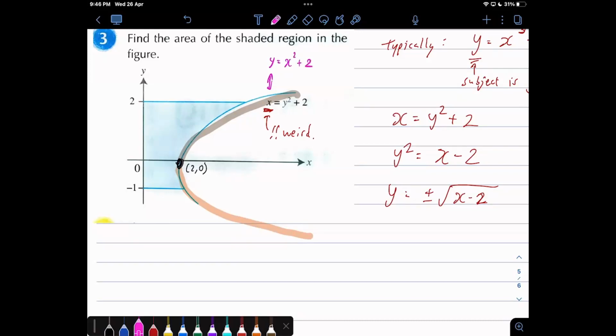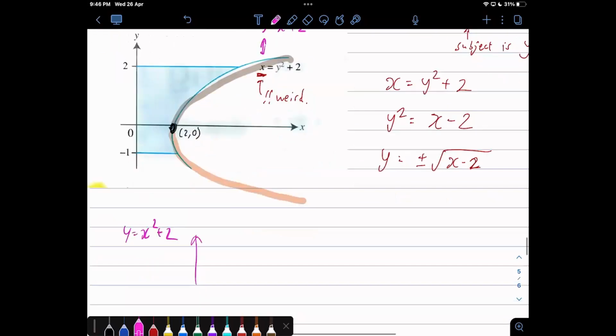Okay? Y equals x squared plus 2. How does the graph look like? Usually, can you sketch it? Y equals x squared plus 2. How does it look? Let me see.